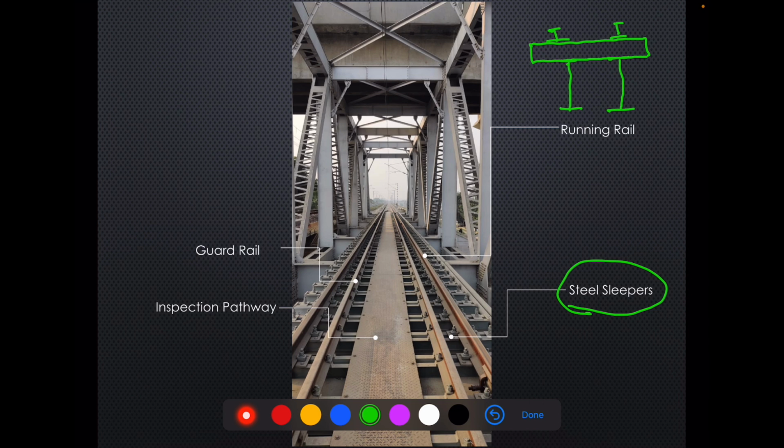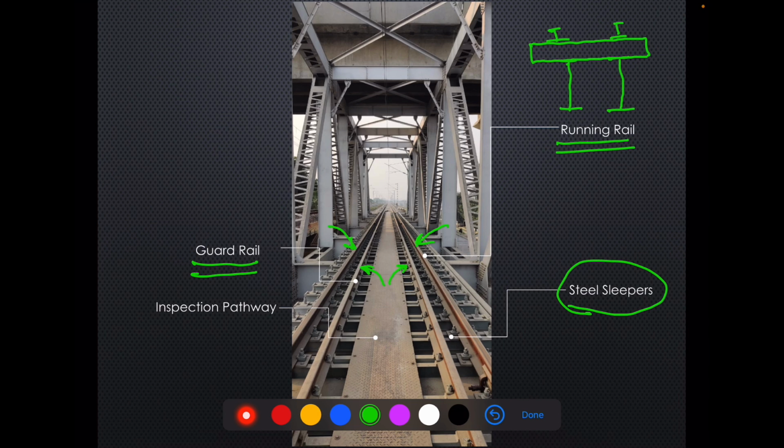Now, you can see there are two pairs of rails. One is the guard rail and another is the running rail. The outer ones are running rails, and the inner ones are guard rails.